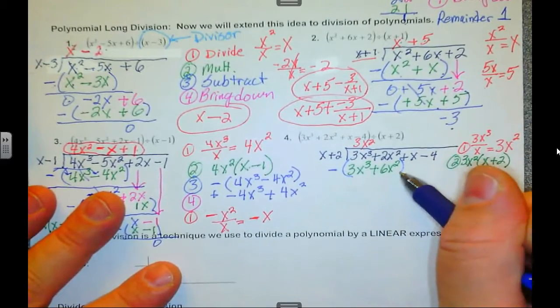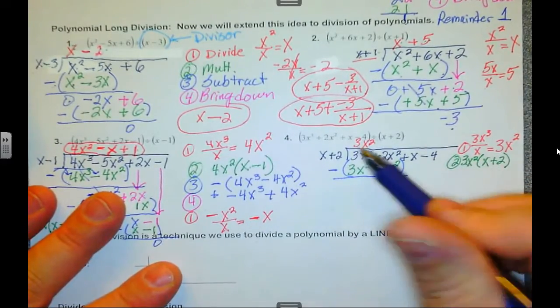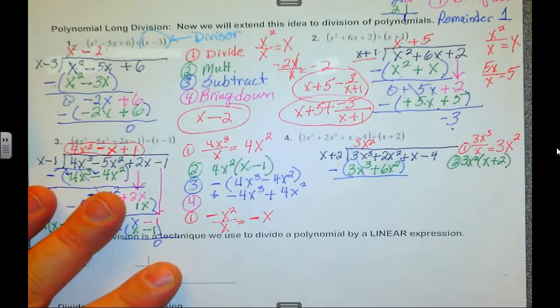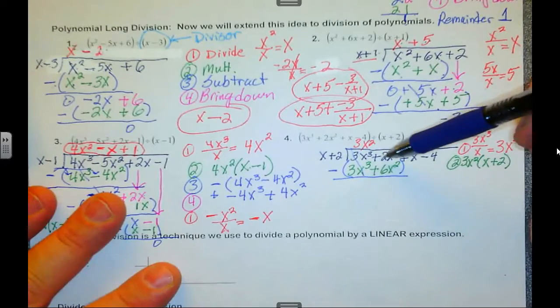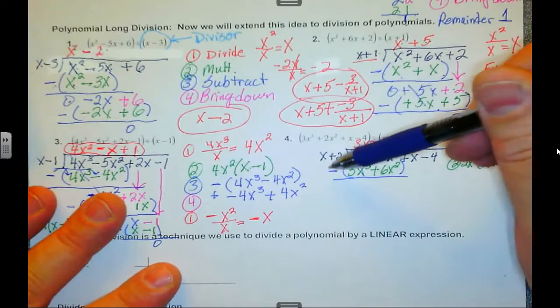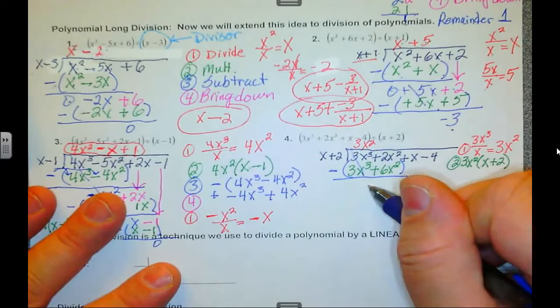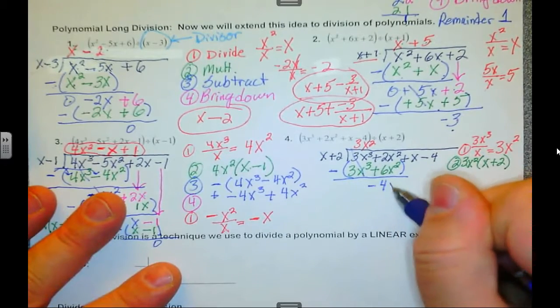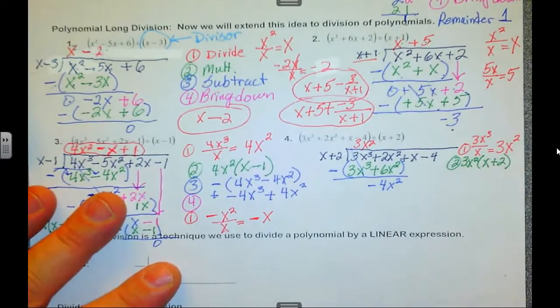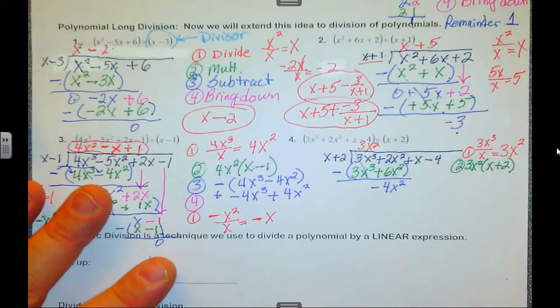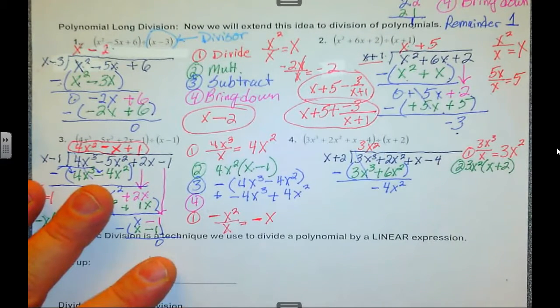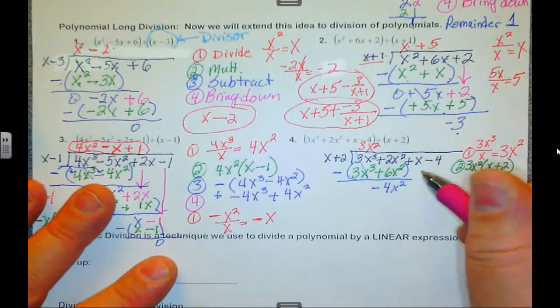Subtract that quantity. These should cancel out. 2x squared minus 6x squared. Get a minus 4x squared. Okay, step 4, bring down the next number.